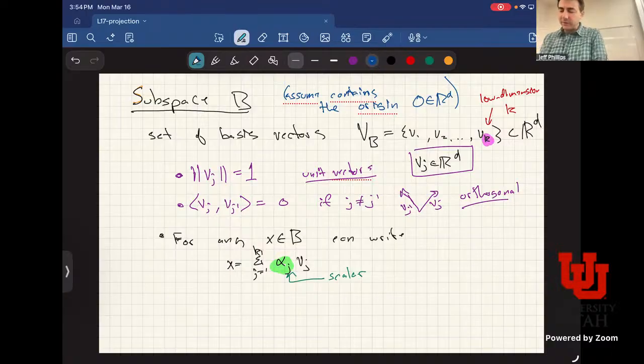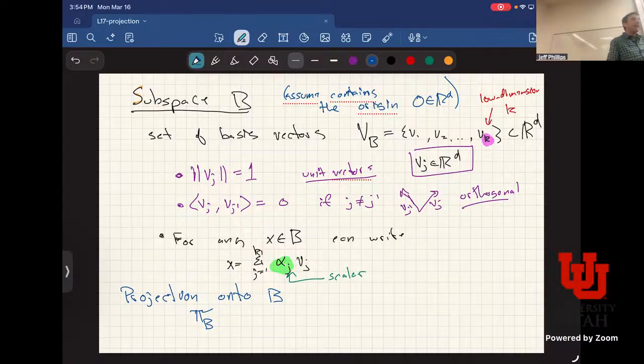And so that means that I can now define a projection onto B. I used to define this pi of V for one vector. Now I'm projecting onto the basis B, which is defined by a set of k of these vectors.